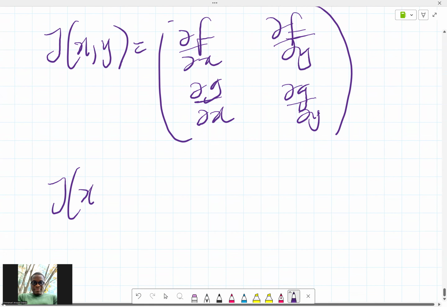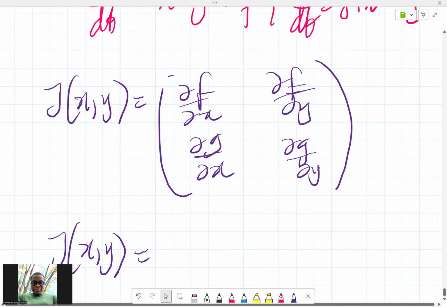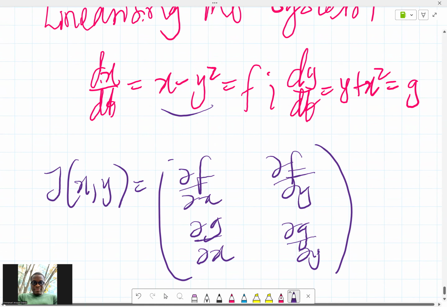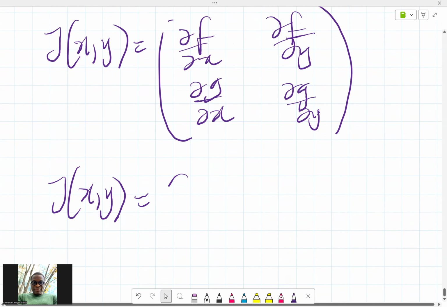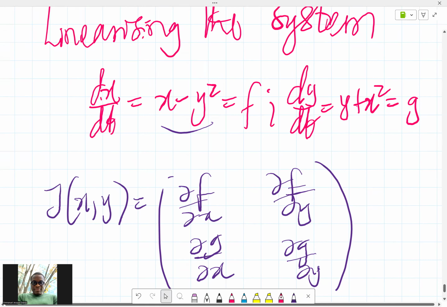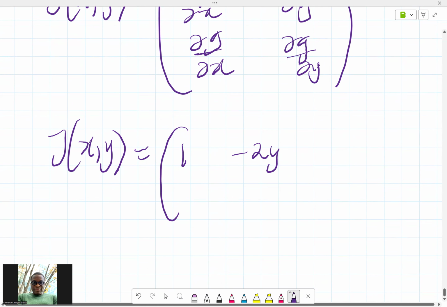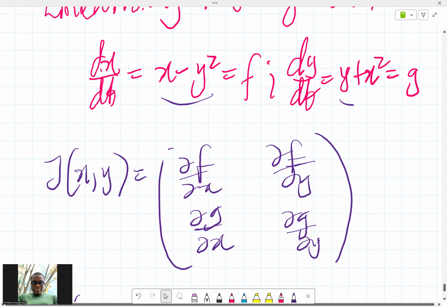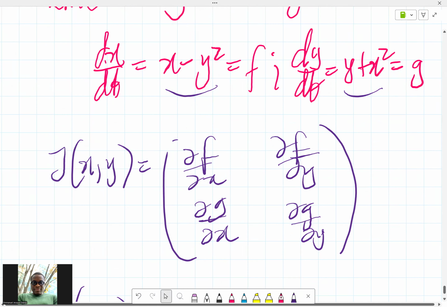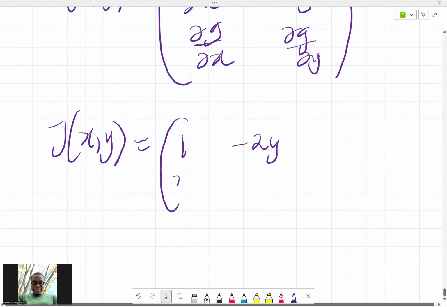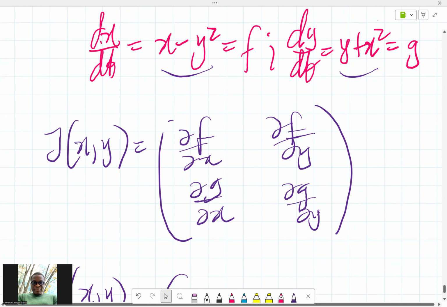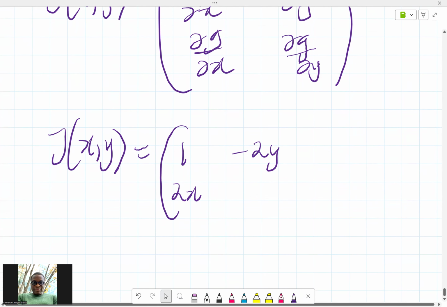We differentiate the functions we labeled. Differentiating f with respect to x gives 1, and with respect to y gives minus 2y. Differentiating g with respect to x gives 2x, and with respect to y gives 1 in this corner.